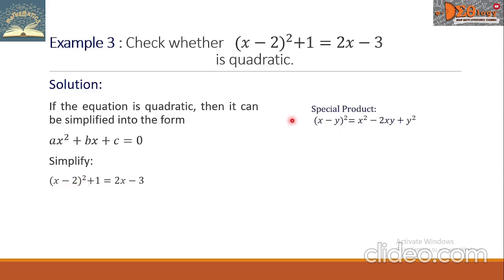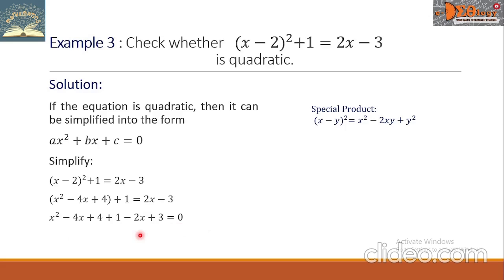Remember our special product: x minus y, that is squared, equals x squared minus 2xy plus y squared. So the square of x minus 2 becomes x squared minus 4x plus 4, then plus 1 equals the right side. We remove the grouping symbol, and then the right side values we transpose to the left. So it becomes negative 2x plus 3, then equals 0 for the right side.